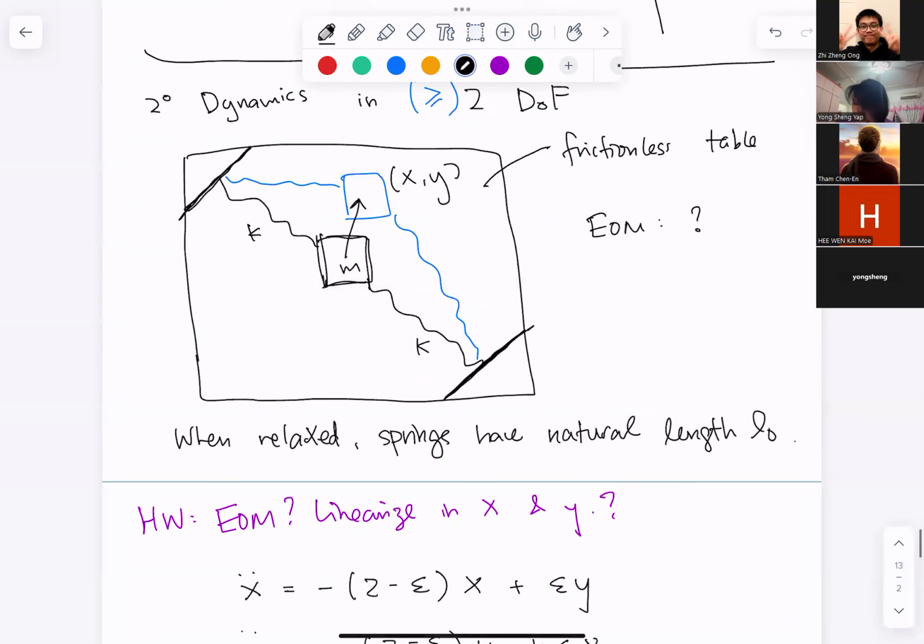So basically these two points are along the diagonal.